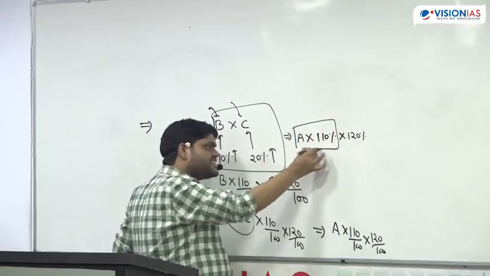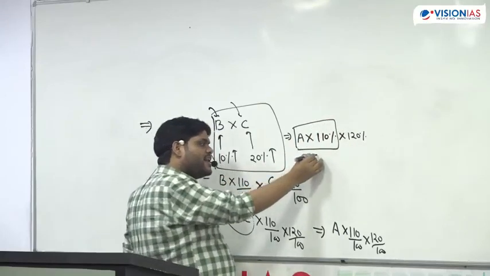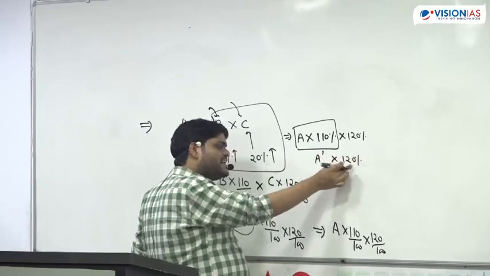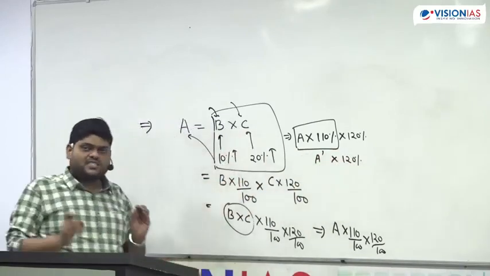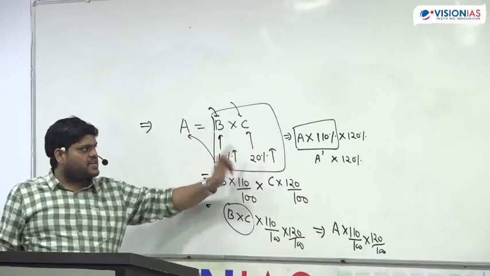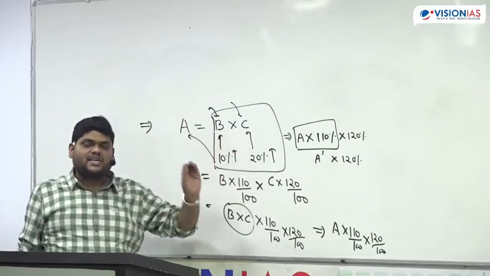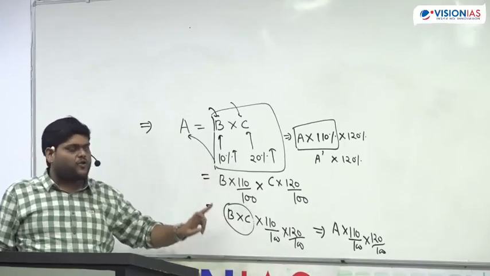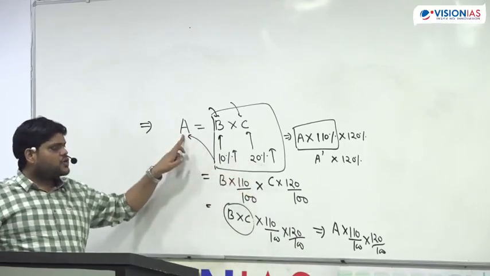Whatever value is coming, now in that value, we are increasing 20%. So instead of increasing 10% and 20% in B and C, you can directly increase 10% first, then whatever value comes, you will increase 20%.